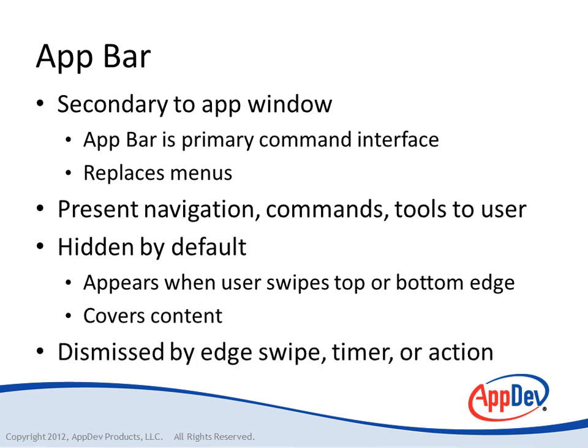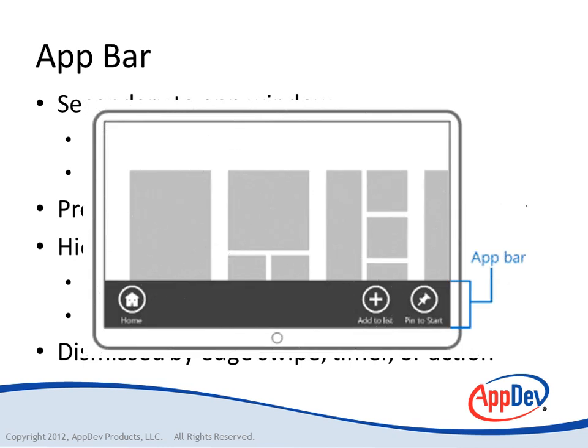You can dismiss an app bar by an edge swipe, by a timer, or by some interaction with the application. Most app bars go away automatically when you click somewhere else on the screen. And an app bar might look something like this on top of application content.